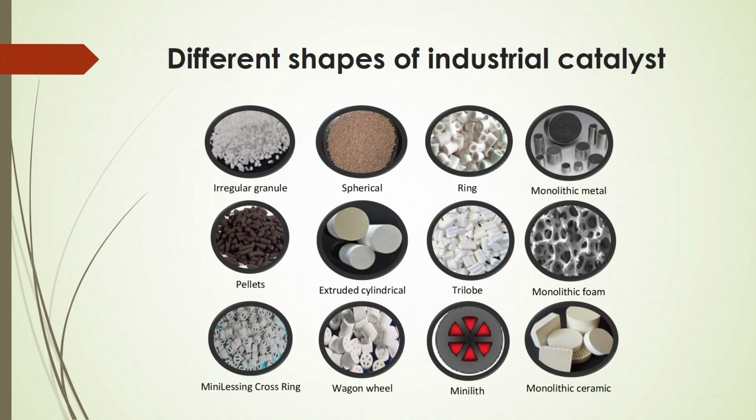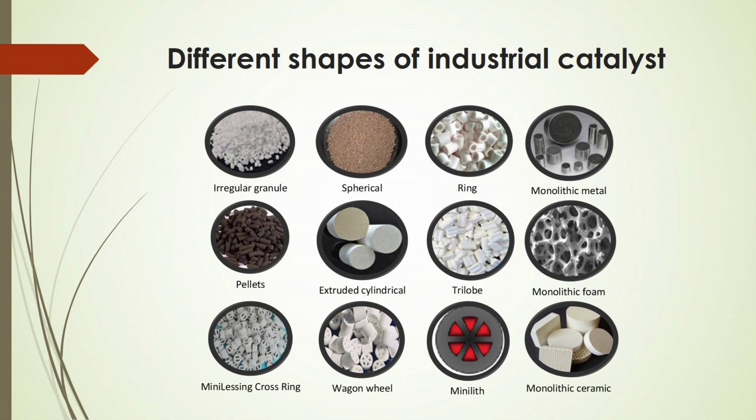We know there are different shapes of industrial catalyst, like irregular granular shapes, spherical shapes, ring shapes, monolithic metal, pellets, extruded cylinder, tri-lobe catalyst particles, monolithic foam, monolithic ceramic particles, sometimes called millilith, as shown in the figure here in the slides.